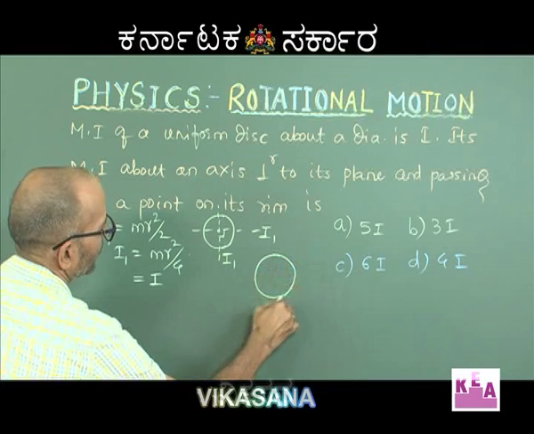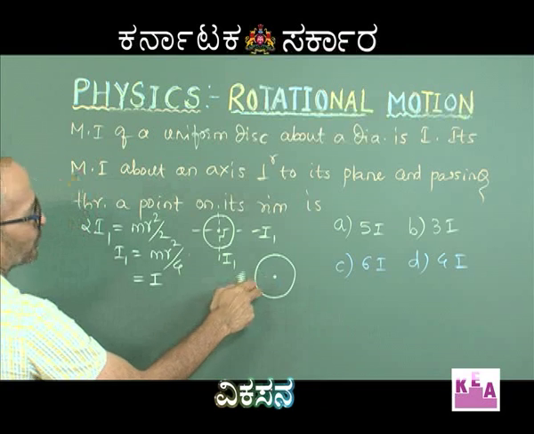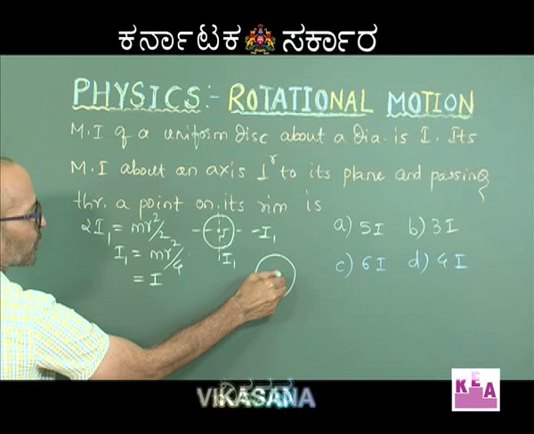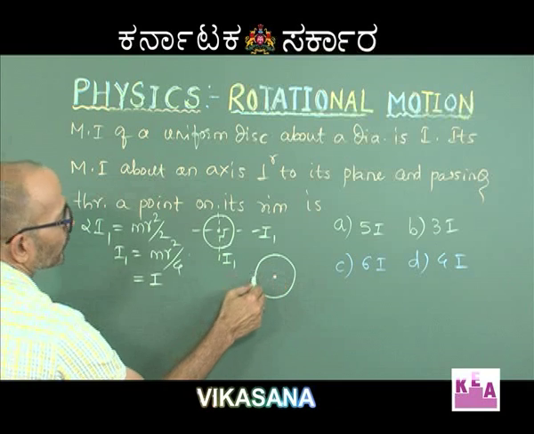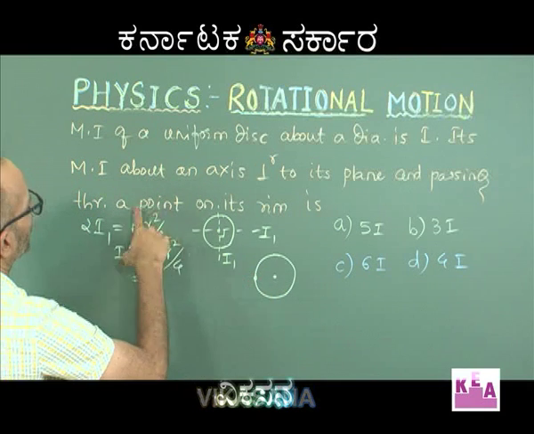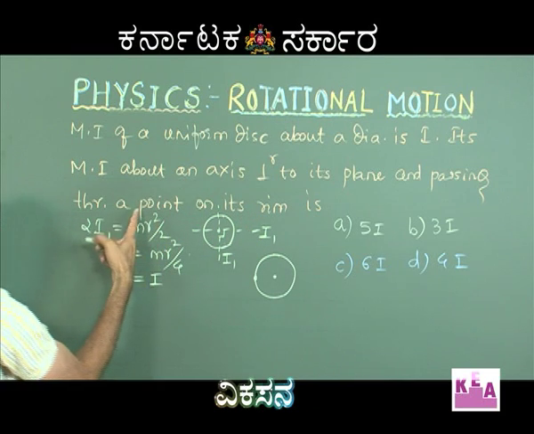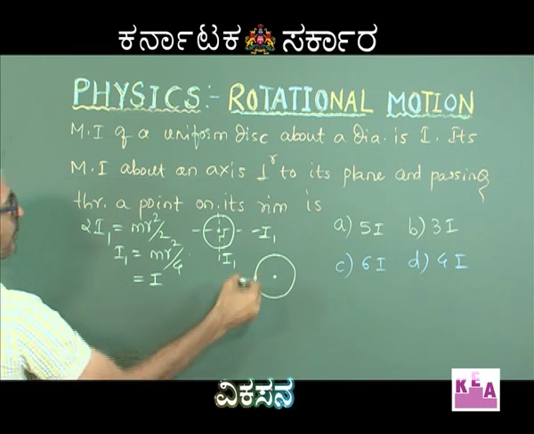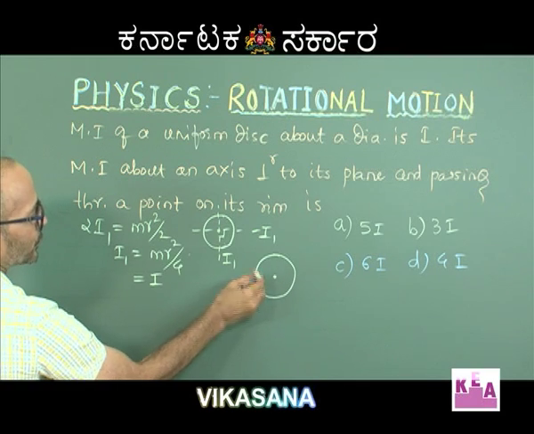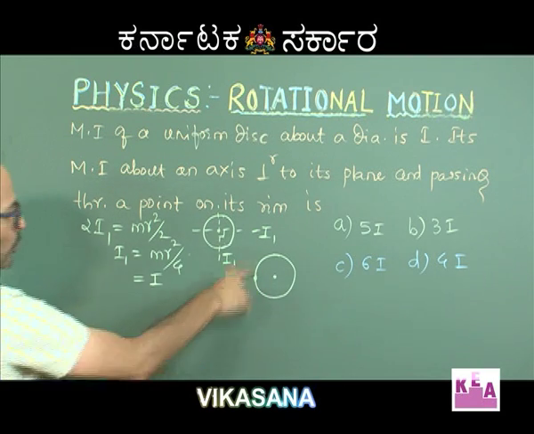See, this is the disc again, this is the center of mass, you know the moment of inertia about this axis which is mr square divided by 2 and now I want to write the moment of inertia about an axis passing through one point on its rim. You can read it here, through a point on its rim. So, I will shift the moment of inertia from this axis to this axis using the parallel axis theorem. And what does it say?